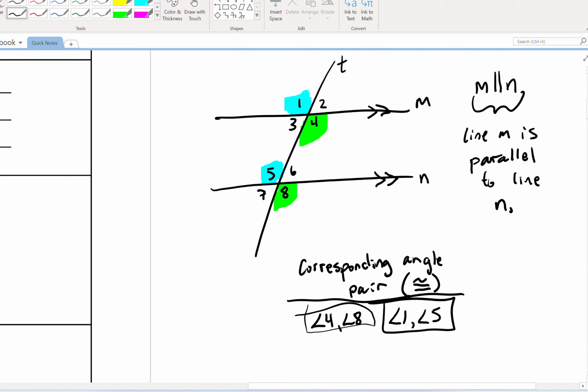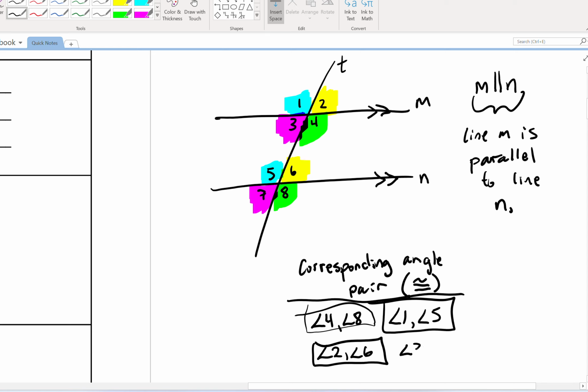Let's look at this one. Angle 2, up and to the right, is corresponding to angle 6, which is up and to the right from the vertex. So angle 2 and angle 6. And then finally we've got angle 3 and angle 7, and those are down and to the left.